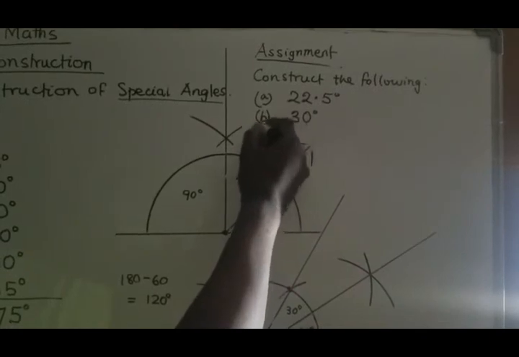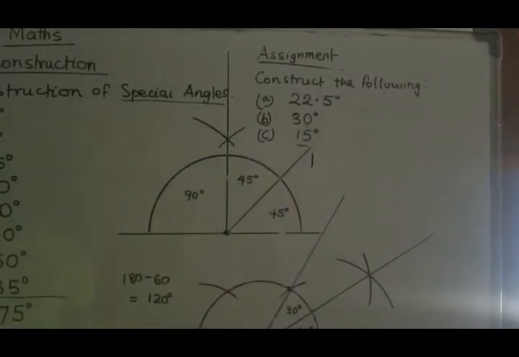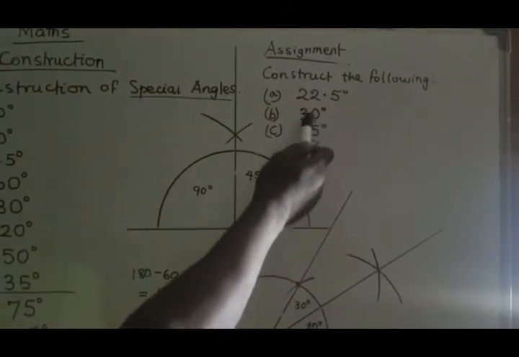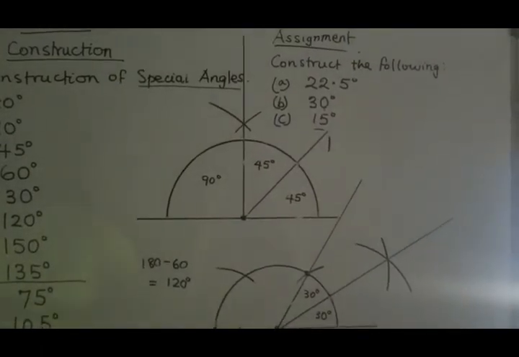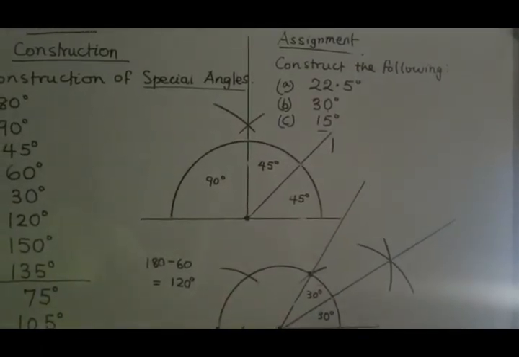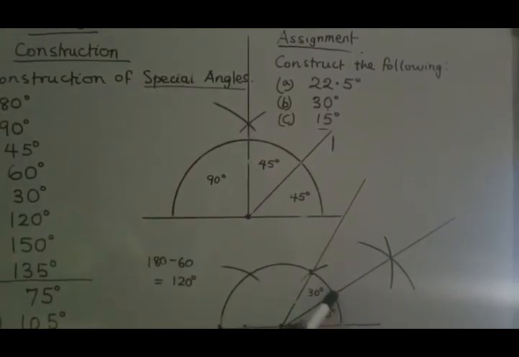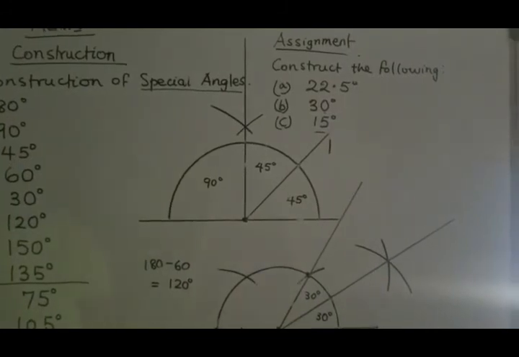And then C, we are going to construct 15 degrees. Definitely you know that 15 degrees is going to come from 30 degrees. We constructed 30 here, and if we want to get 15, we are going to use these two points to get 15 degrees.